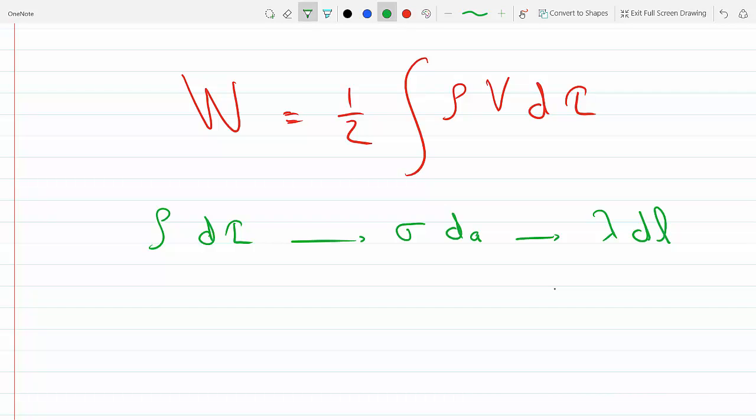Okay, so in this case we have a uniformly charged solid sphere of radius R. This is 232.